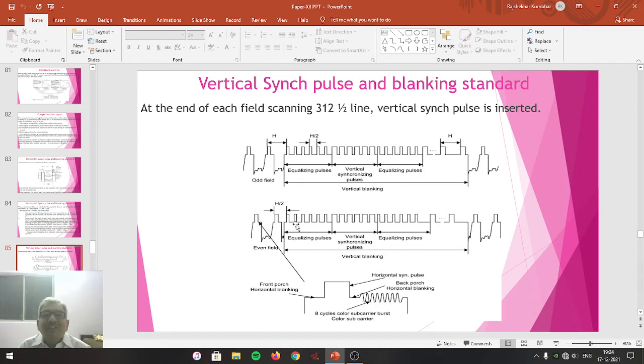2.3 microseconds and 27.3 microseconds are the timings associated with the vertical sync pulses and the blanking pulses.